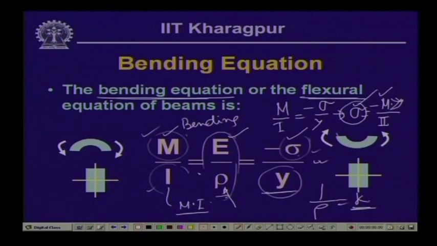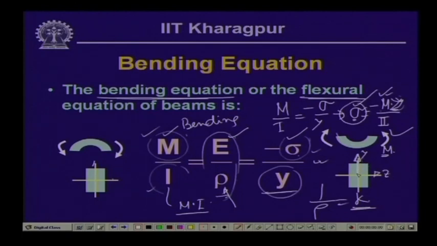So, now the question is, when we have this bending moment as positive, as we have assumed in this particular derivation, corresponding to this kind of configuration. When this is positive, then if y is positive, the stress is negative. Here y is positive in the upward direction, this is y and this is z.